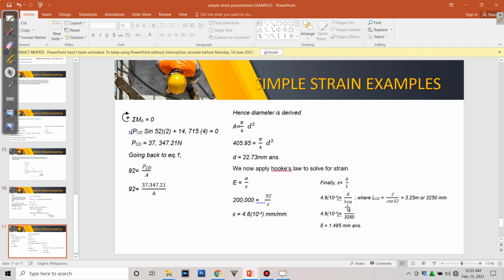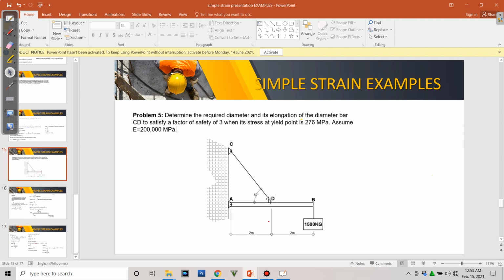So the length of the bar, let us have a subscript CD for the CD. And the length of CD is actually the diagonal of this right triangle. And we can determine that since we have here 2, okay, by function of what?